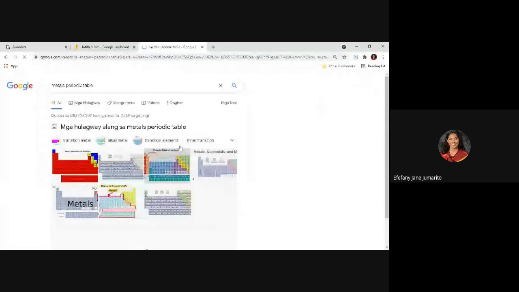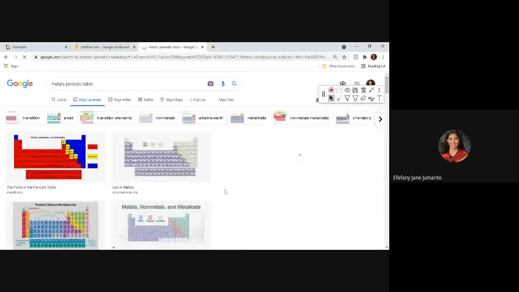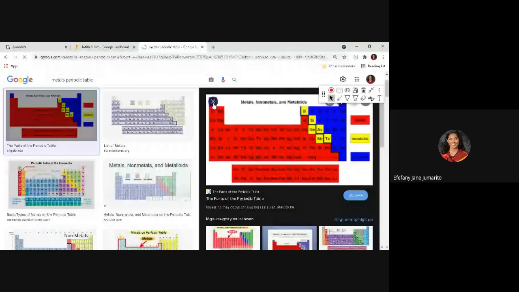So if we have any group 1 and group 2 metal bonded to OH, the hydroxide ion will be a strong base. So that is a base.